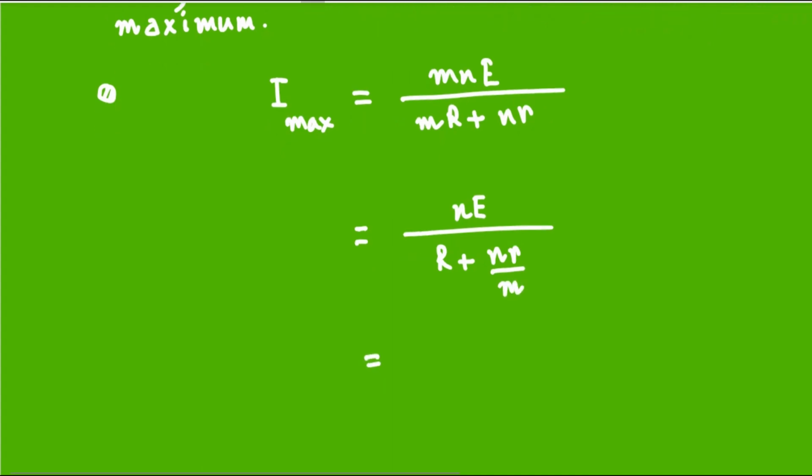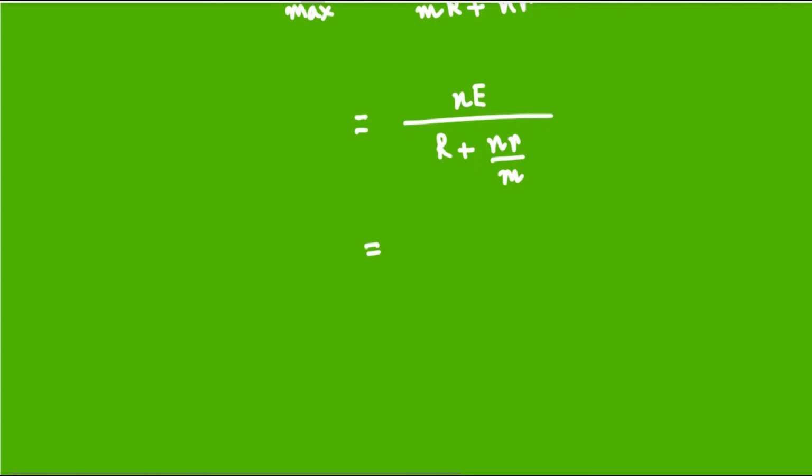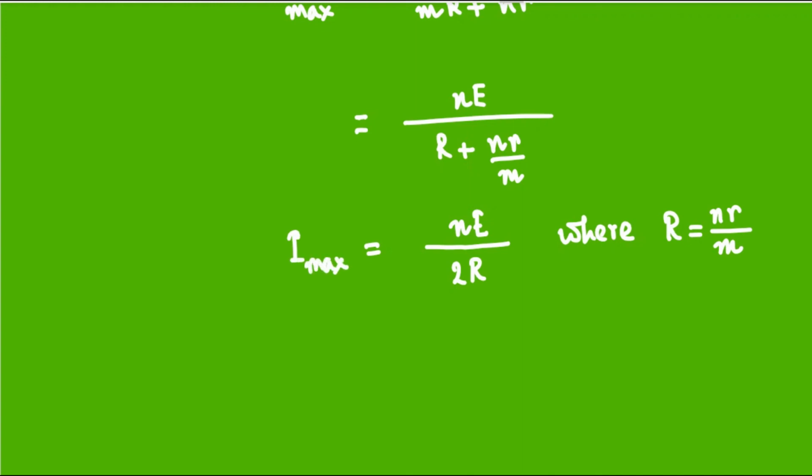Hence Imax will be nE divided by 2R, since R equals nr by m. So this is Imax. Therefore Imax equals nE by 2R.